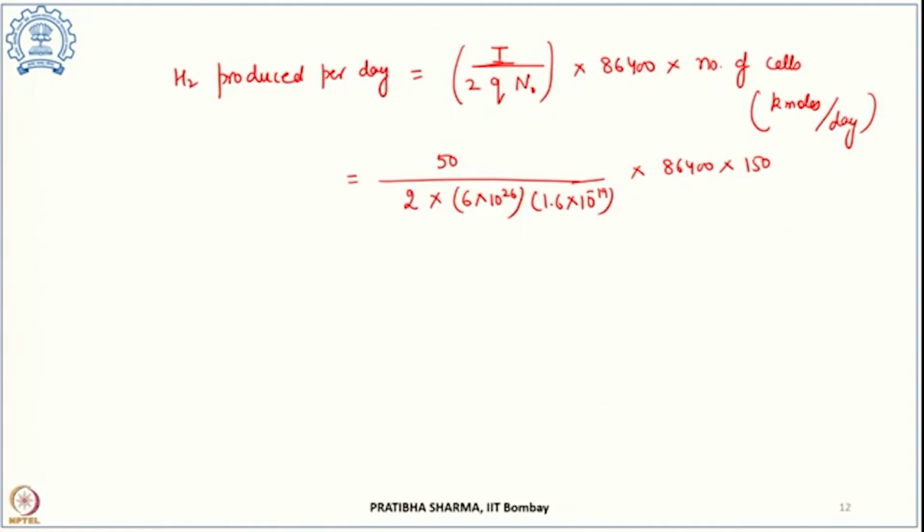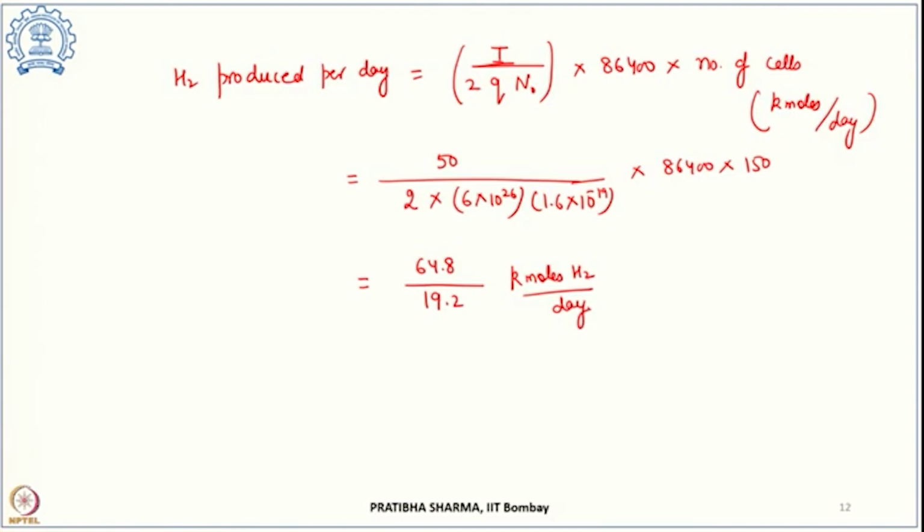Now, if we solve this, we get it as 64.8 divided by 19.2, this is kilomoles of hydrogen produced per day.